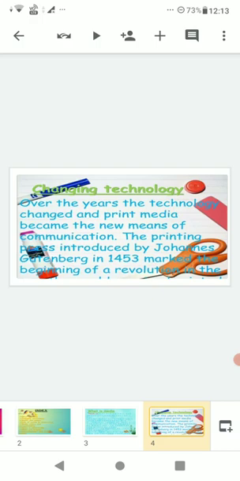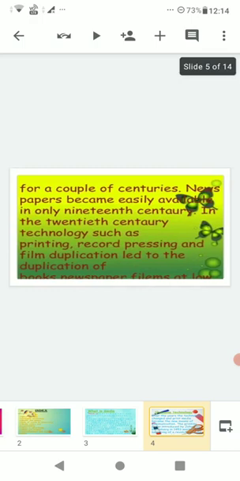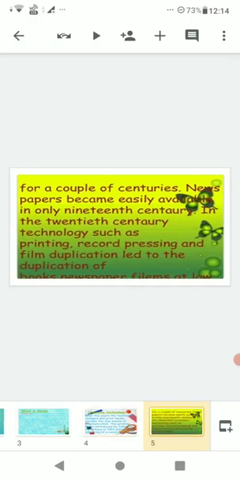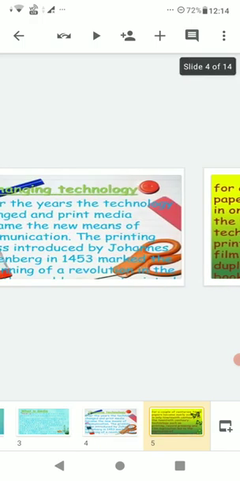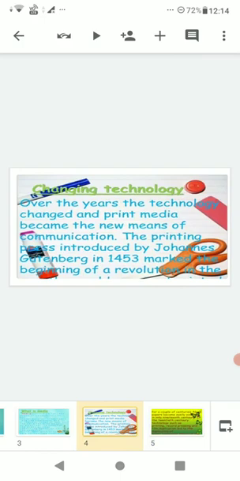The printing press introduced by John Gutenberg in 1453 marked the beginning of the revolution in the print media.